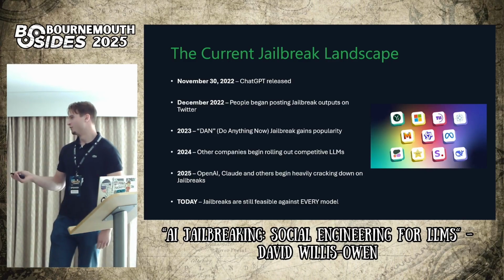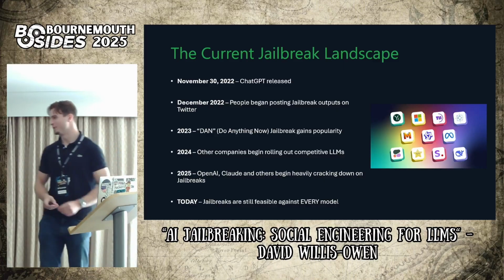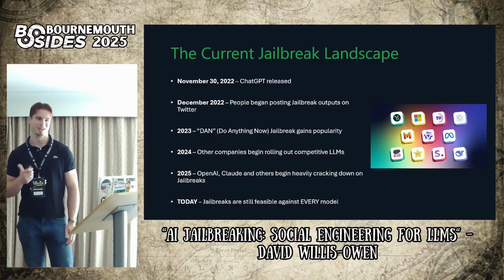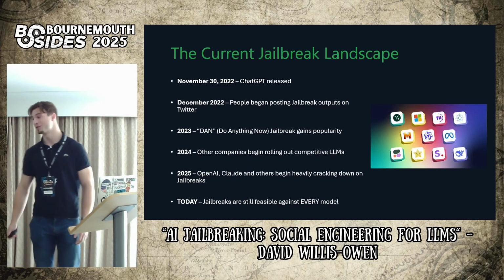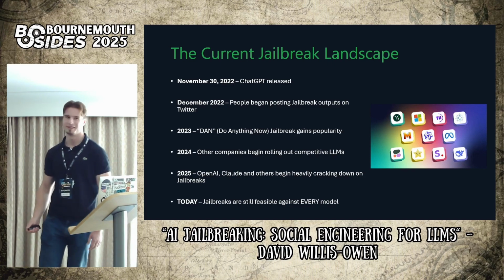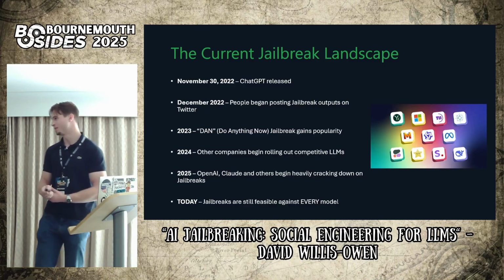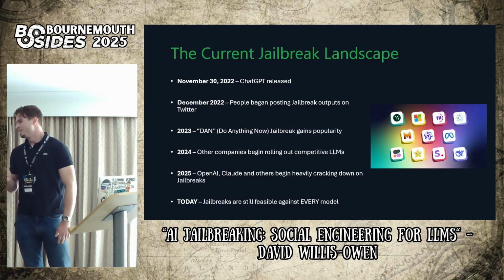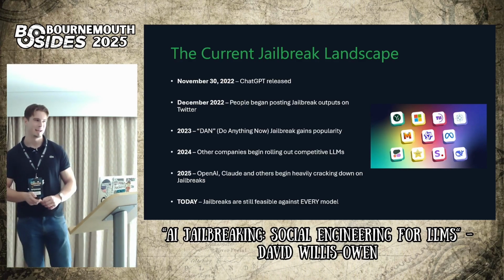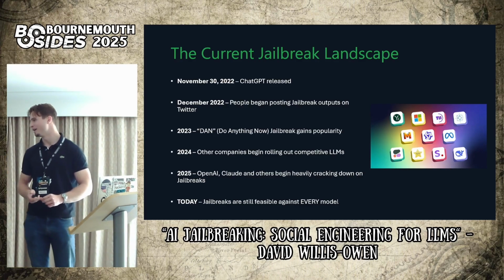In 2024, other companies began rolling out competitive LLMs, notably Google with Gemini, which is arguably the top contender to OpenAI at this point, although that's very subjective. And then this year, OpenAI, Anthropic, and others began heavily cracking down on AI jailbreaks.